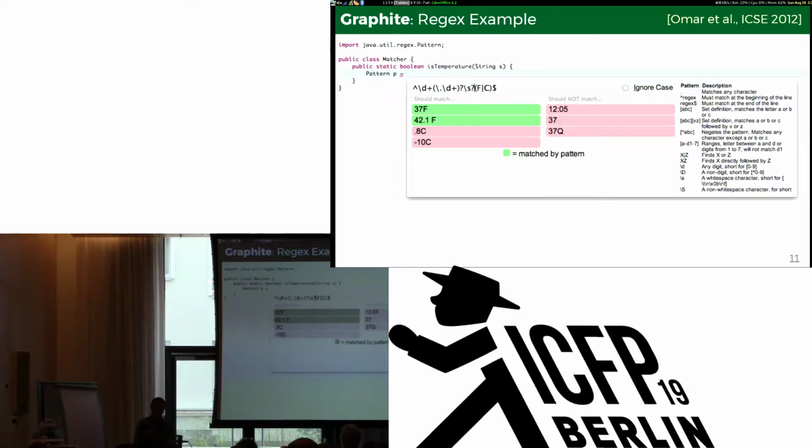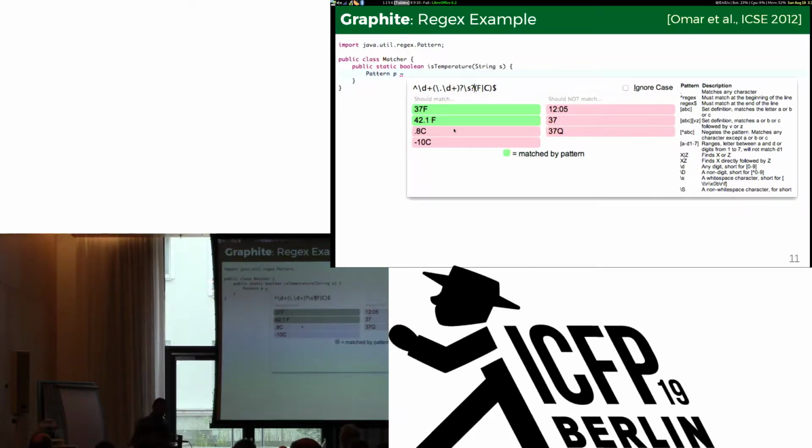So another example that we explored in that paper is this regex helper palette. When you're trying to insert a regex, often that'll be something quite complicated. It's hard to reason mentally about, so it helps to get some documentation and actually interactively test that regex against some examples, sort of lay out what you want the regex to match, in this case these temperatures, and shouldn't match times and these things.